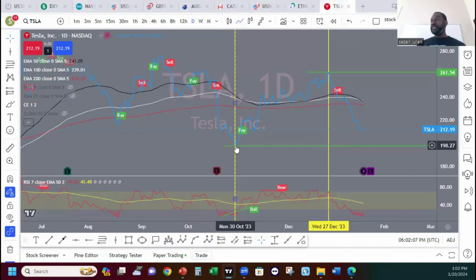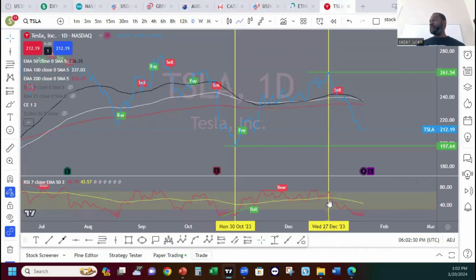You see, that's the price right here. We go across time and we go across for price, $197. By Wednesday, December 27, price was up all the way to here.